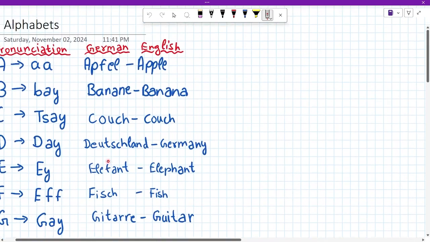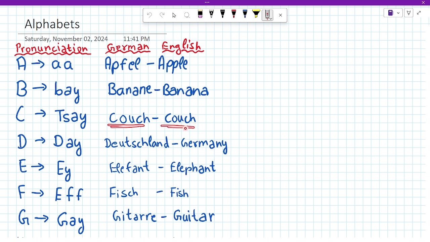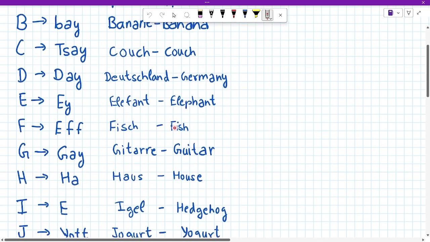So coming to German and English words. In German we say Apfel. For English we have apple, and in German we have Banane, and in English we have banana. In German Couch stands for English couch.